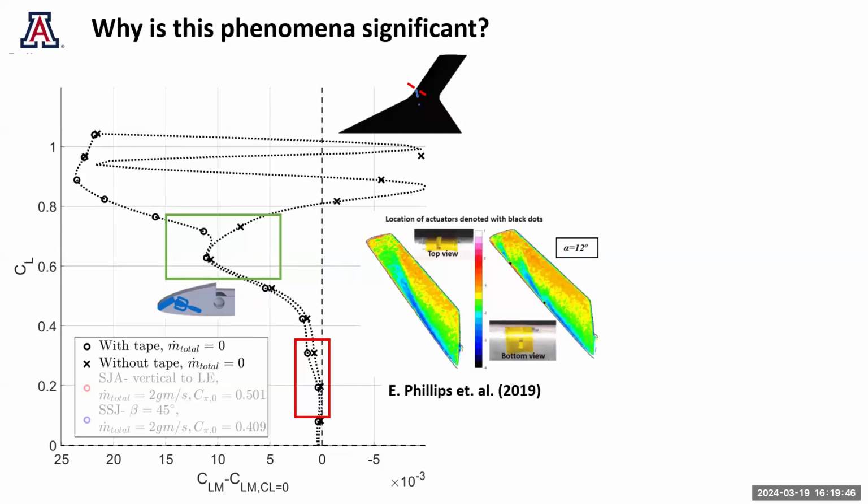Now, from prior experiments, we know that when we introduce a slot, which we do over here for this NACA 2L airfoil, there is a leading edge vortex being developed over the entire wing, represented by this blue region. These are the results of pressure sensitive paint, so the blue region shows us a negative or low pressure region.